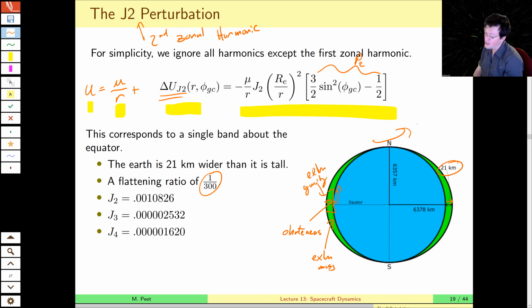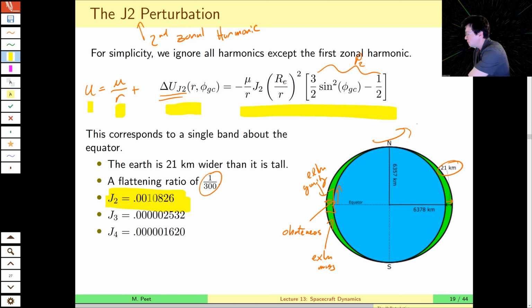And we see that this is the primary effect in the first J2 coefficient, which is 0.001. I mean, it's not huge, right? But compared to every other coefficient, it's enormous.